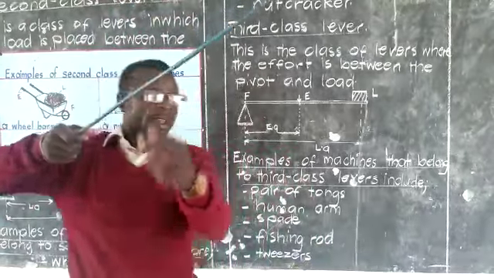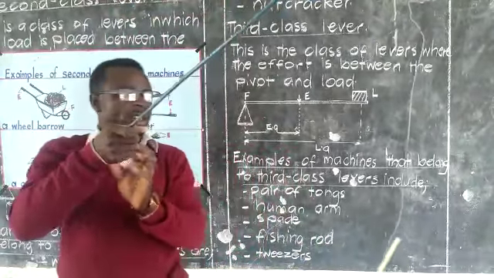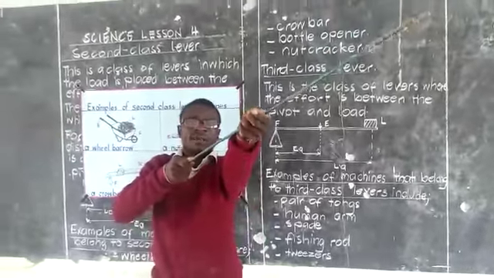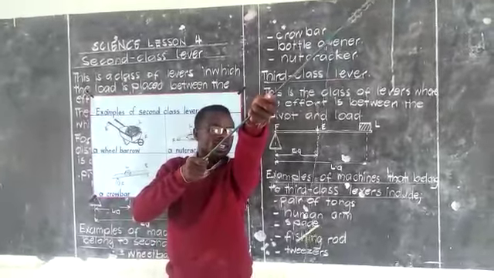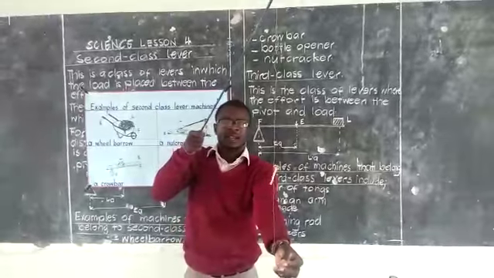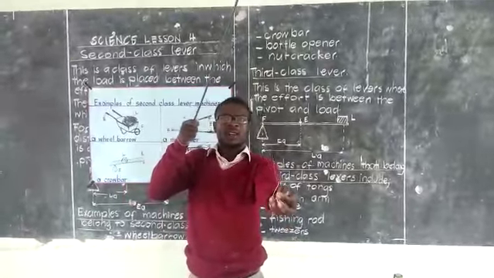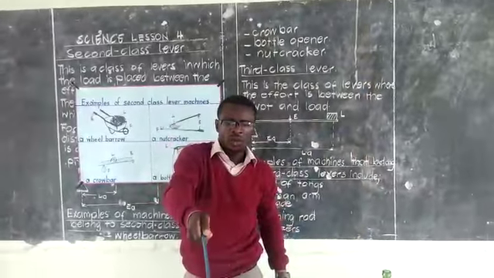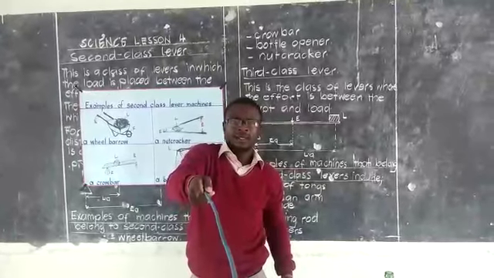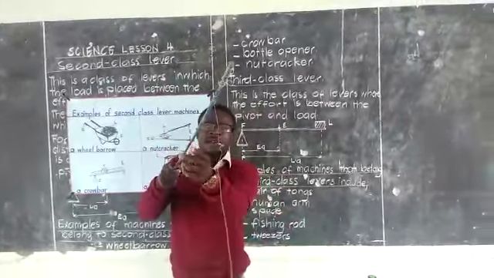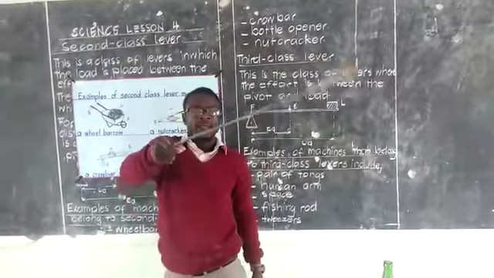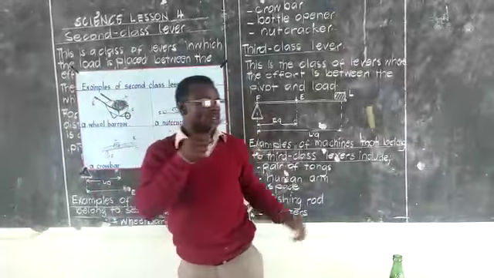The fishing rod, the fulcrum is located around here, and the effort is applied where my left hand is. And then the load is here, where the fisherman places a bait around here and dips it into water. So when the fish catches the bait, the load is felt around the effort, and then the fisherman removes the fish.